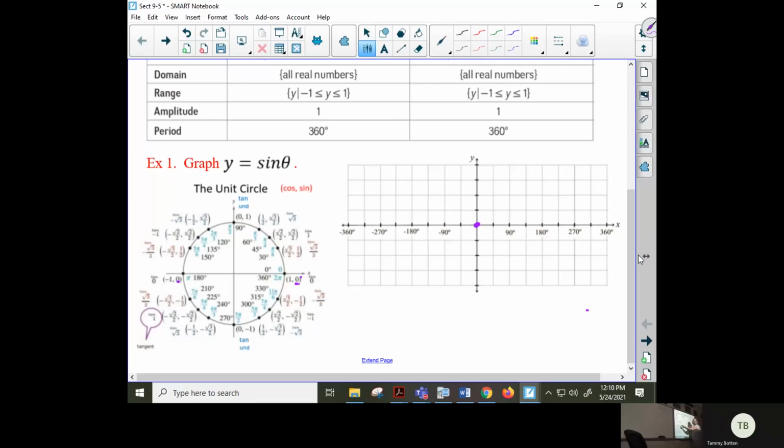Then you'd go to sine of 90, and remember it's the second thing. Now here's another thing. When you do this, you decide what each of these are going to be. You could make this 1 and only have your graph go up to here. You could say, I'm going to make this 1 and this 2 on this graph, and then this is -1 and this is -2. You kind of decide what you want those to be. And I think that's what I'm going to do for this.